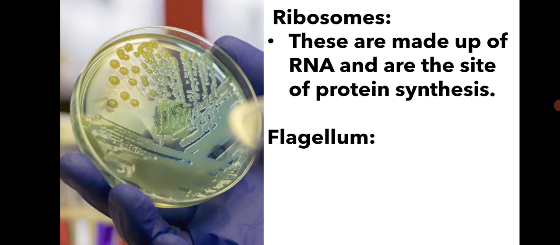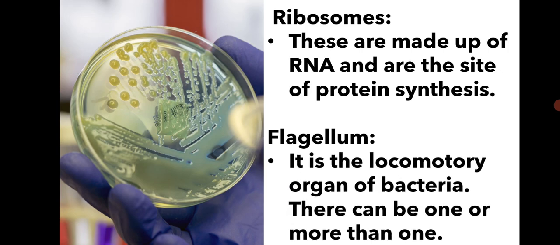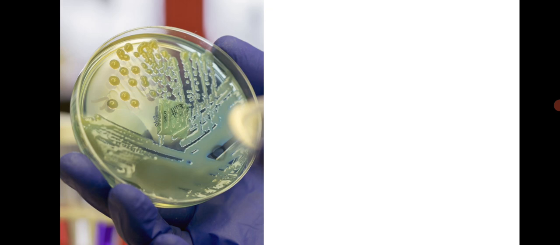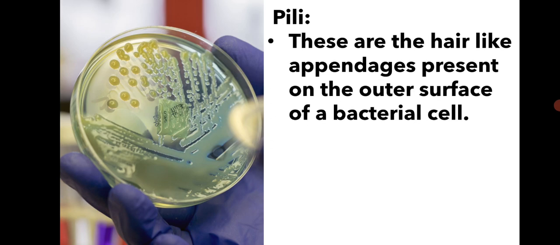Flagellum is the locomotory organ that allows the bacteria to move, and there can be one or more than one flagella. Pili, these are the hair-like appendages which are present all over the surface of the bacterial cell. Now, what do these pili do? They are basically meant for attachment.